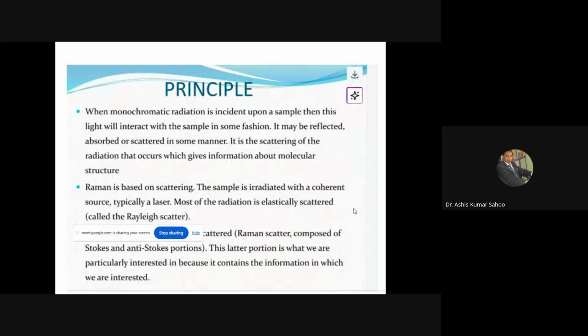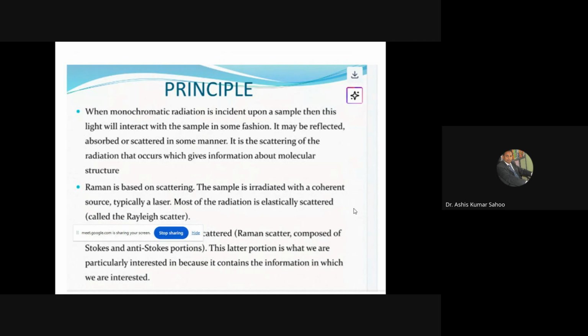So when monochromatic radiation is incident upon a sample, this light will interact with the sample in some fashion. It may be reflected, it may be absorbed, it may be scattered in some manner.